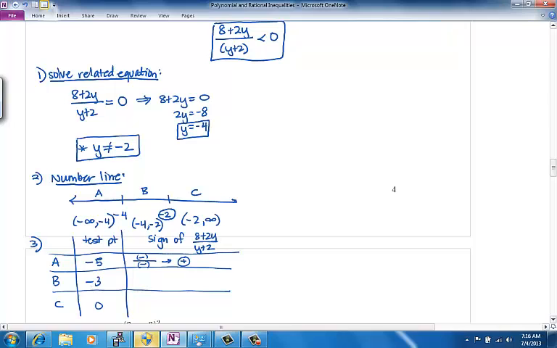And then moving on to negative 3, 8 plus 2 times negative 3, that's 8 plus negative 6, so that's positive in the numerator, and the denominator is negative. A positive divided by a negative is negative. And then if I have 0 for my y value, I have a positive numerator and a positive denominator. And the quotient of two positive values is positive.